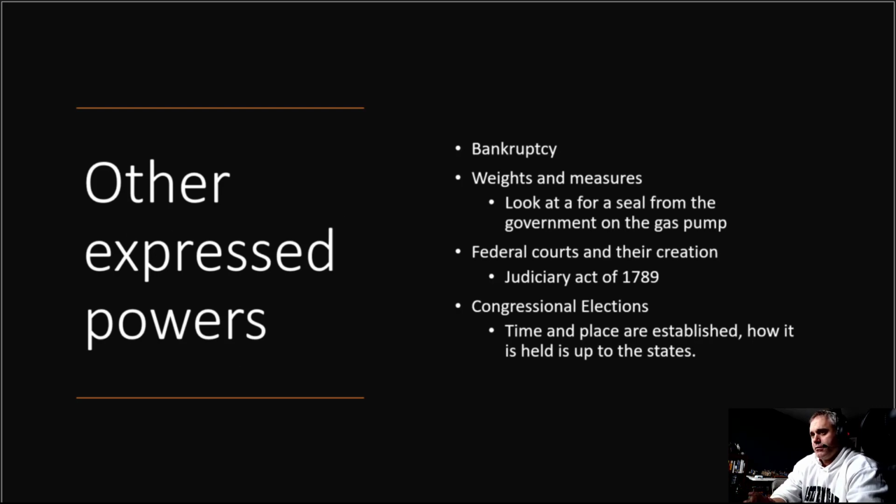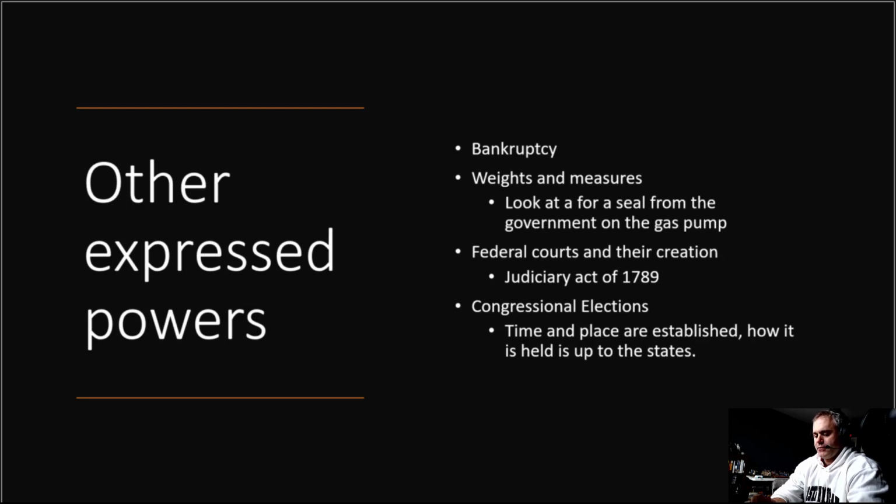Bankruptcy. If you know anyone who has filed for bankruptcy, that's an unfortunate situation, but there are laws surrounding that, and it's not states that decide that, it is the federal government which decides laws about bankruptcy. Weights and measures. Basically, you're deciding how things will be weighed and measured. If you go to a gas station, you may have noticed a seal, like a piece of tin foil or a sticker slapped on the gas pump.